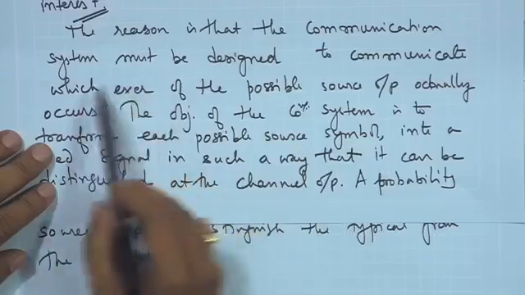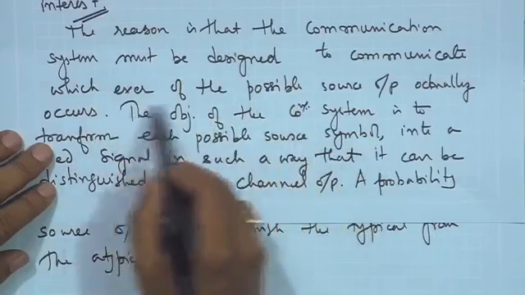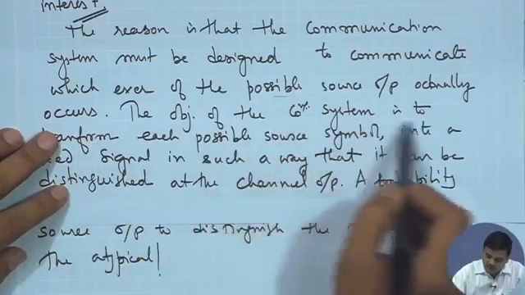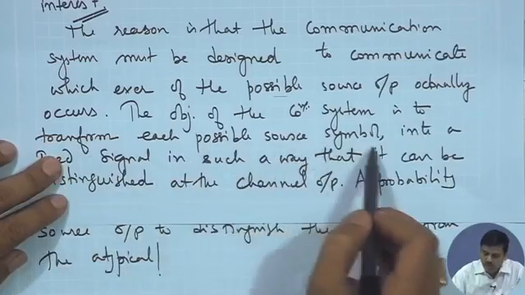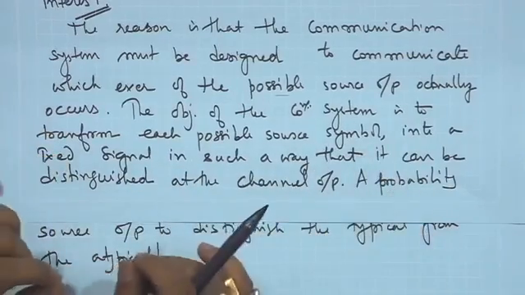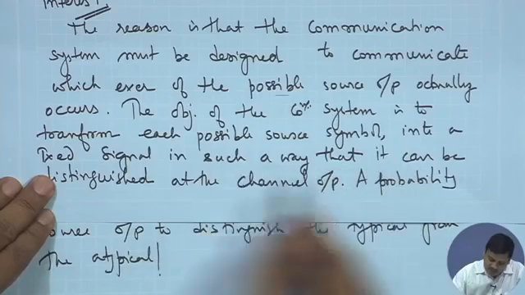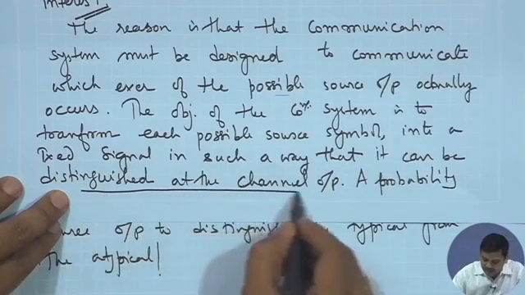The objective of the communication system is to transform each possible source symbol, that means the 0 or the 1, into a particular waveform. That is what we have said earlier, but now we are refining it in a little bit better way, that the transmitted signal can be distinguished at the channel output.